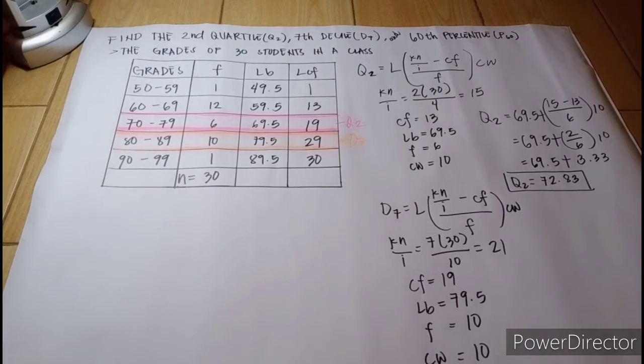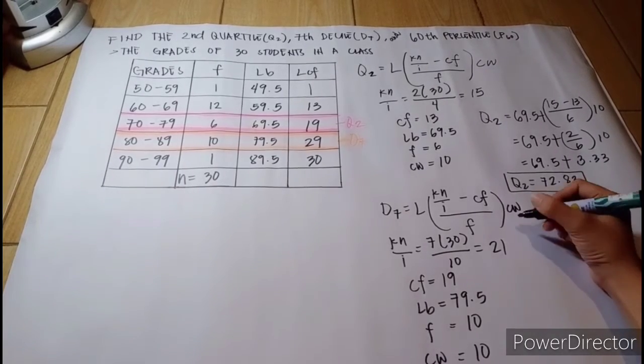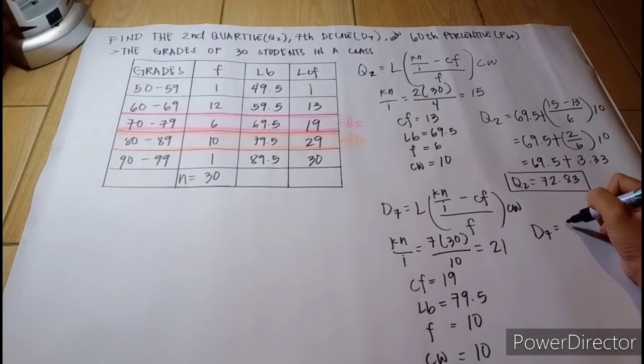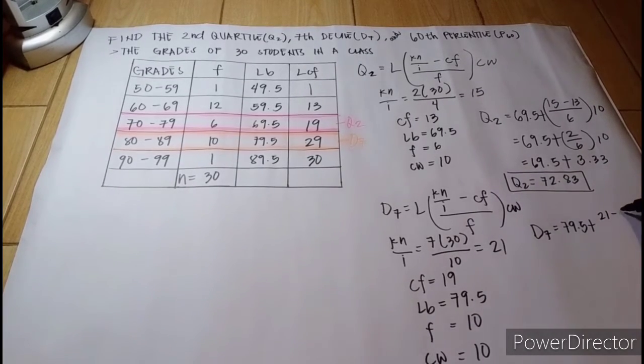Then substitute. Lower boundary 79.5 plus 21 minus 19 over 10 times 10.